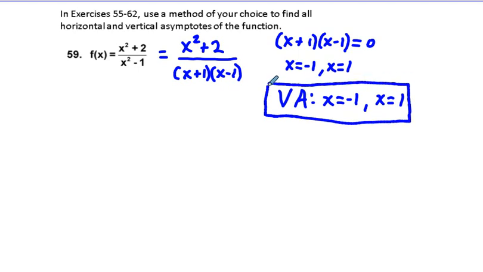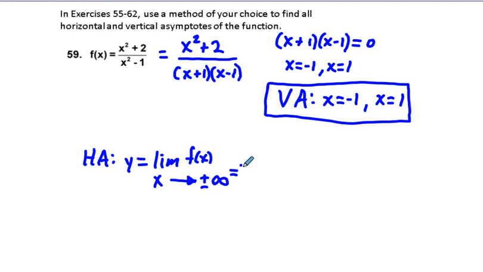Now how do we find our horizontal asymptote? Well, y equals the limit as x approaches plus or minus infinity of f of x.